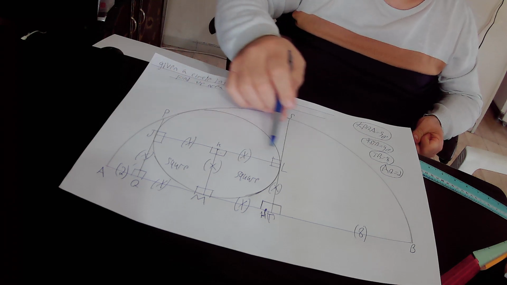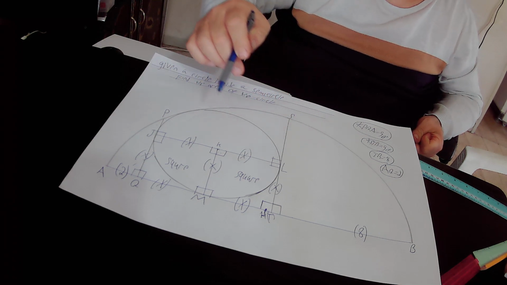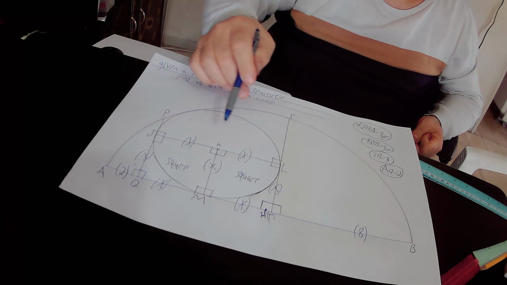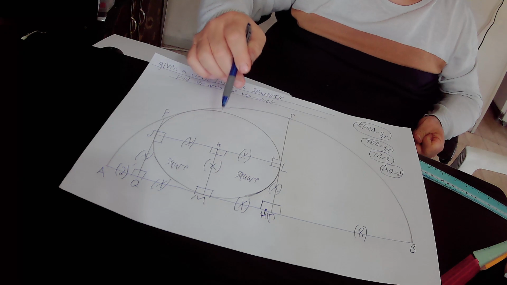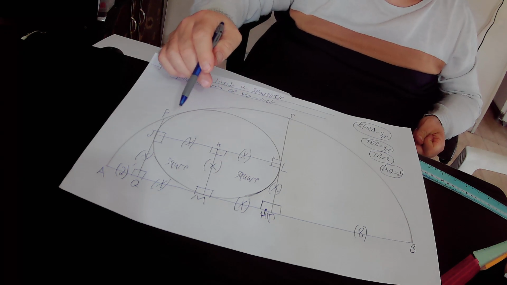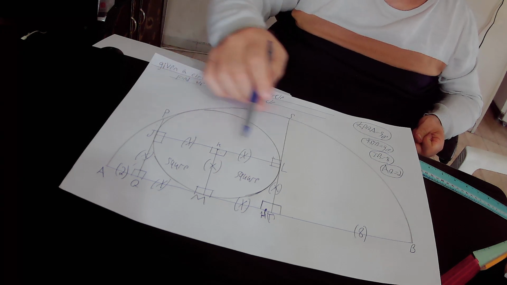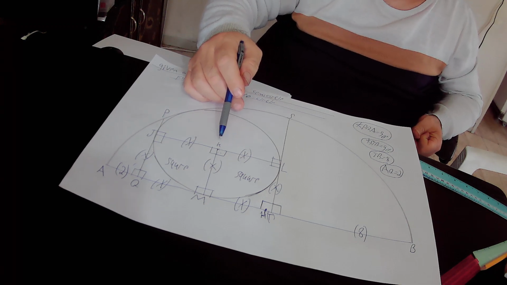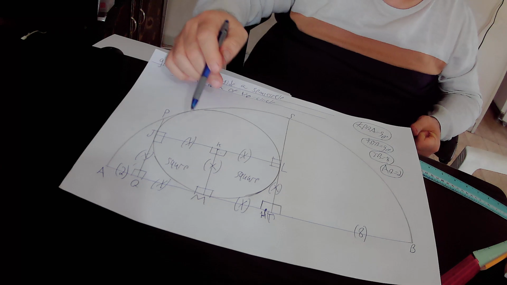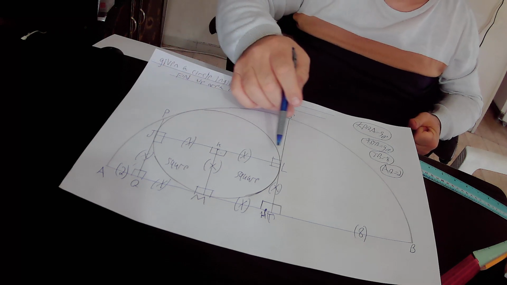So JL is a straight line that touches the circle at 2 points, J and L. And we know that any straight line that touches the circle at 2 points is defined as a chord. Therefore, JL is a chord that passes through point K, the center of the circle, and we know that any chord that passes through the center of the circle must be the diameter of the circle.